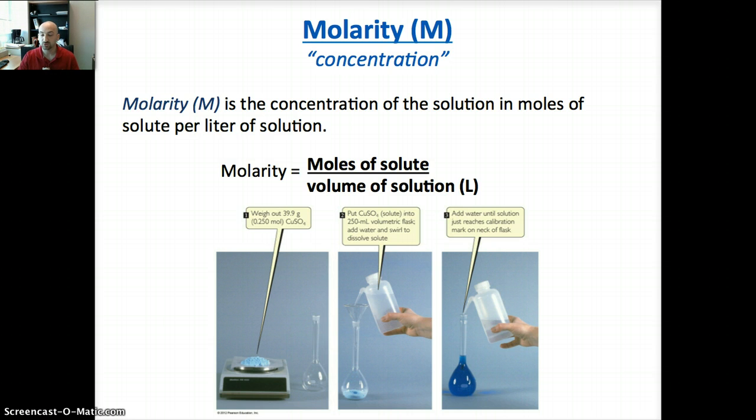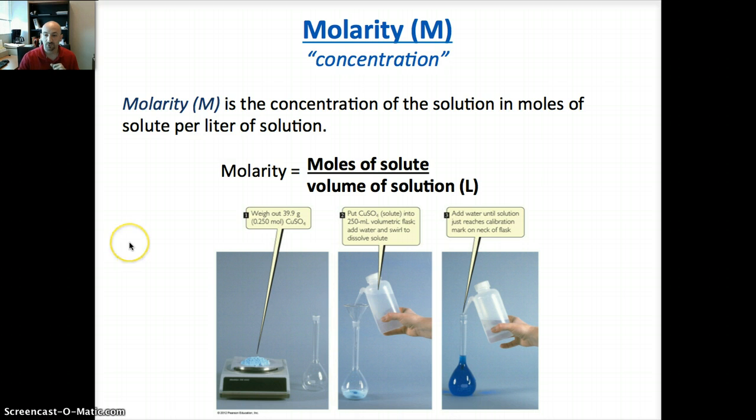So a lot of times scientists use the term concentration to really describe the amount of solute in a solution. Okay? And we use the term molarity, which describes the concentration of the solution in moles of solute per liters of solution. Okay? It's abbreviated with M. Okay? I encourage you to make sure you memorize this formula. Okay, it's very important. It's probably just as important as when we talk about molar mass.